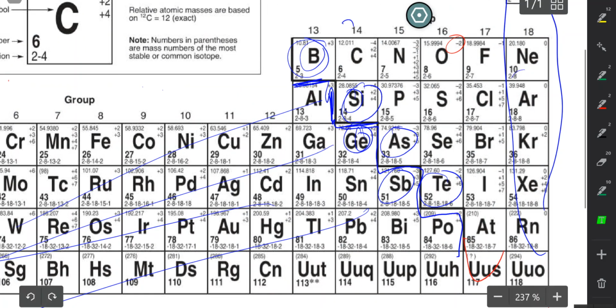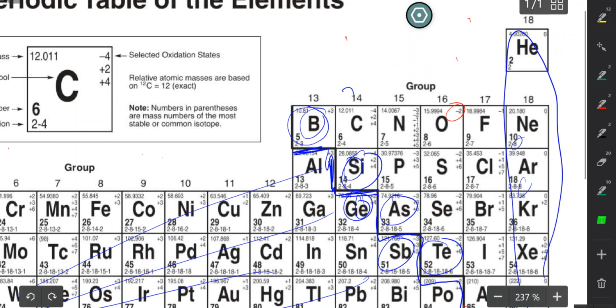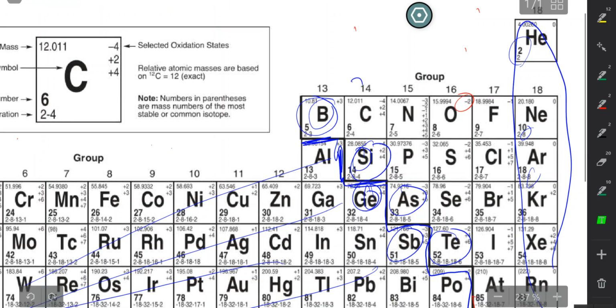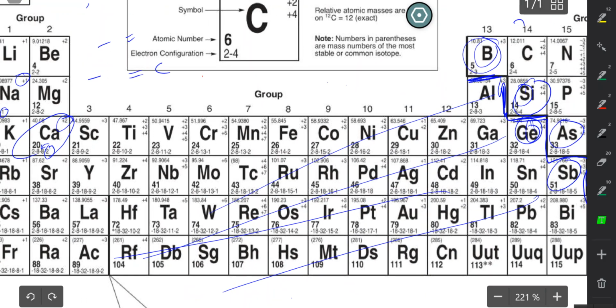They already have an octet. Or for helium, they already have a complete first electron shell. Since it only has one shell, it only needs that one shell to be complete to be stable. Okay, so calcium has 2 valence electrons and it wants to lose them to form a +2 charge.